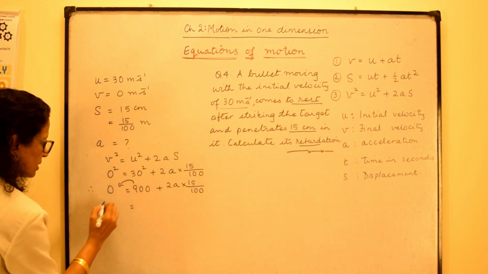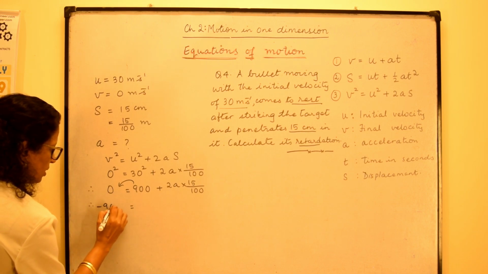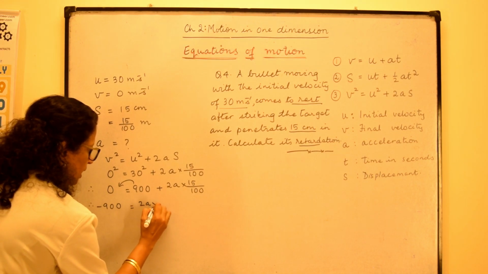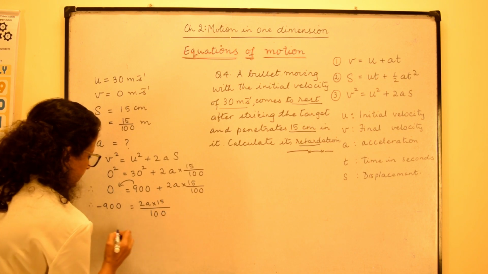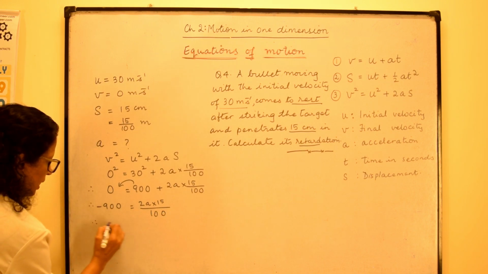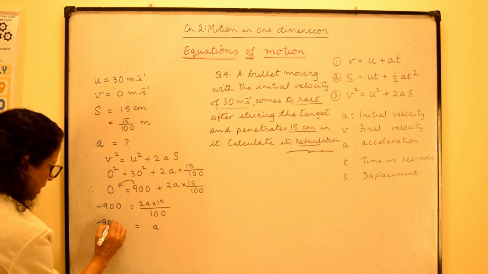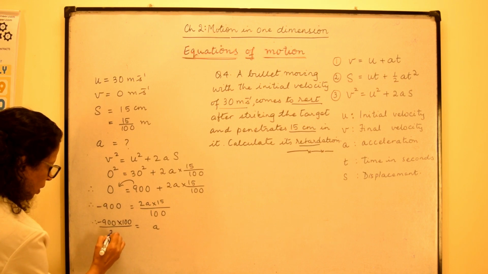Bring 900 this side. So it becomes, therefore, minus 900 is equal to 2A into 15 upon 100, and therefore you will have A equal to minus 900 into 100 upon 2 into 15.